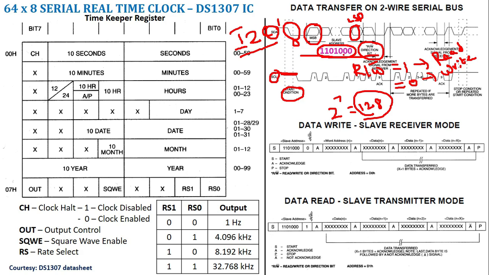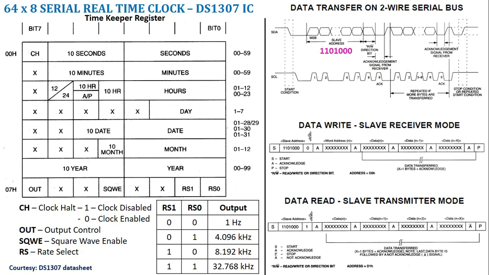After sending the address of the slave, depending upon read or write, if it is read, the slave will put the data into the bus. If it is a write operation, the master, our microcontroller, will put the data into the bus. After each byte, there will be an acknowledgement signal, given by the receiver.